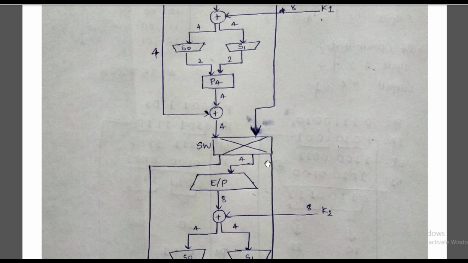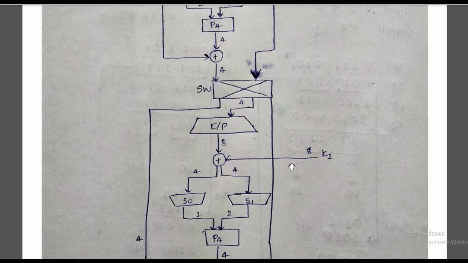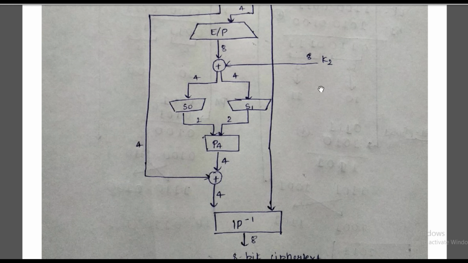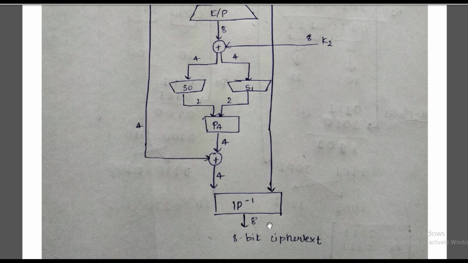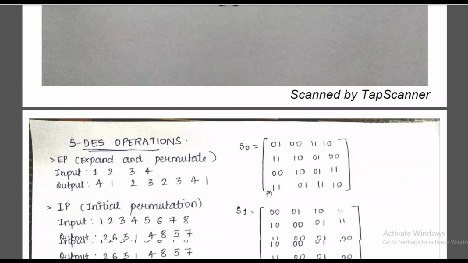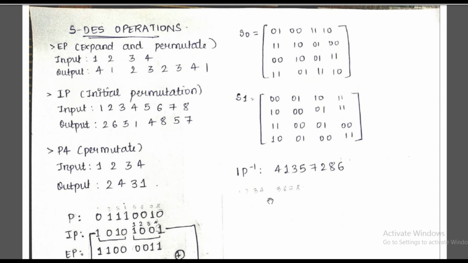Similarly we follow the same process and provide the key as K2, which was generated before. After the whole procedure is completed, we find the IP inverse, the initial permutation inverse, and it produces the 8-bit ciphertext. So now let's see how we will do that.